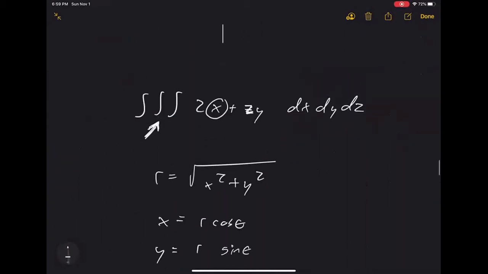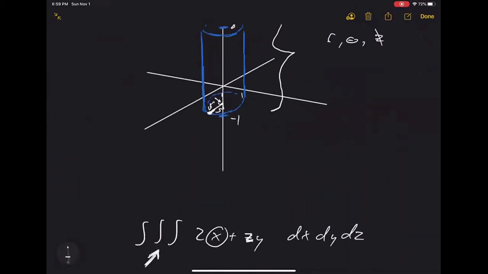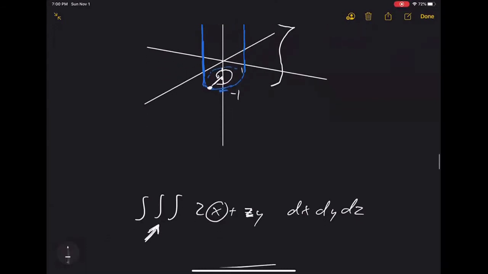And then what about our thetas? If I'm looking at this object, maybe theta 0 is here, so I have theta equals 0. What are my bounds on my angle? Well, we have a full circle, so our theta goes from 0 to 2 pi.